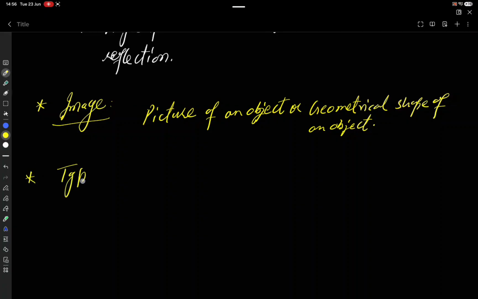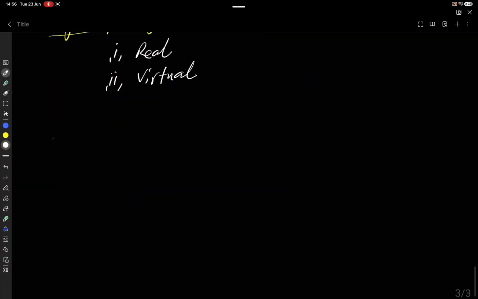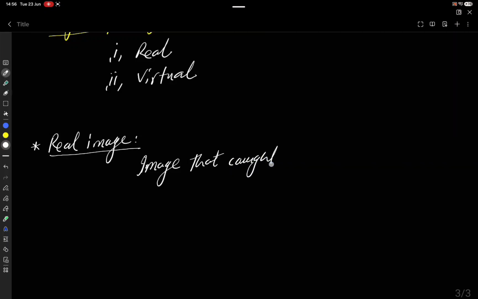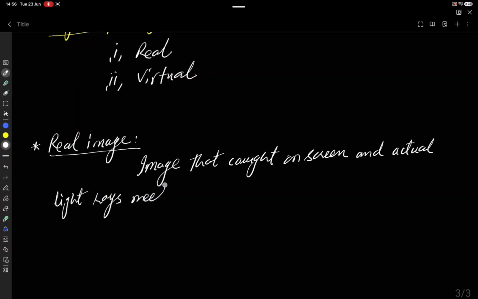Types of image: real, virtual. Real image: image that can be caught on a screen, where actual light rays meet on the screen to form the image.